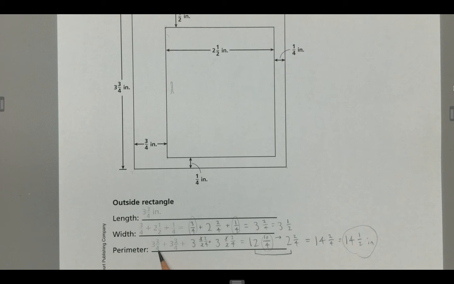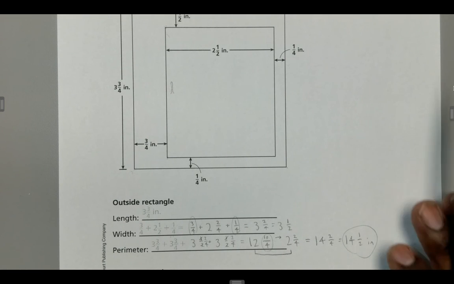Added up the fractions. 3/4 plus 3/4 plus 2/4 plus 2/4 got me 10/4. 10/4 was improper, so on its own I needed to clean up and regroup and convert into 2 2/4. Combine that with whole number 12 to get 14 2/4. And my final answer can be reduced. The fraction can be shown as a 1/2, 14.5 inches.